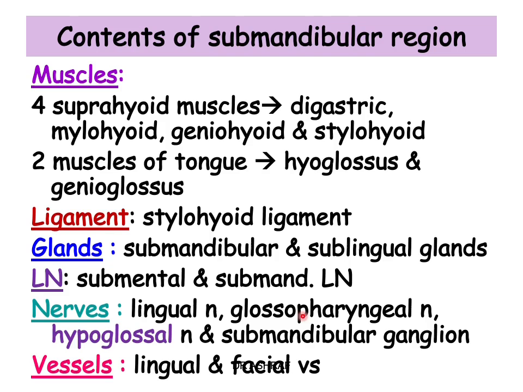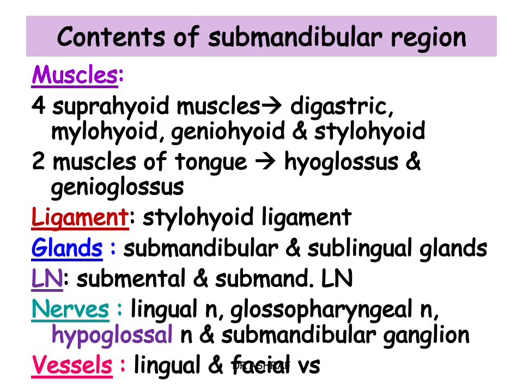We also have a nerve that comes with its vessel, the glossopharyngeal nerve, cranial nerve number 9, and we have the ganglion, which is suspended from the lingual nerve to give the parasympathetic supply to those glands. Finally, we have the facial vessels and the lingual vessels, which are arteries branching from the external carotid artery. So we are going to talk about these contents one by one.